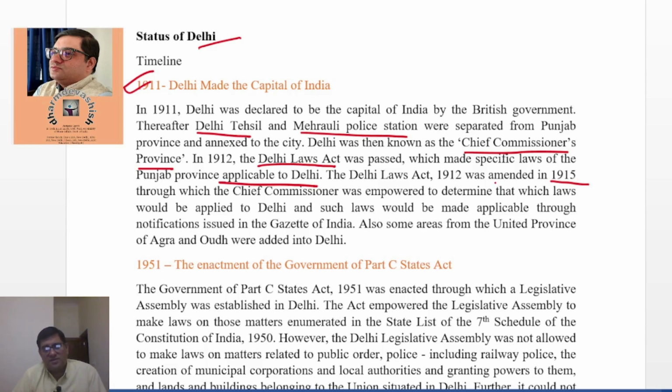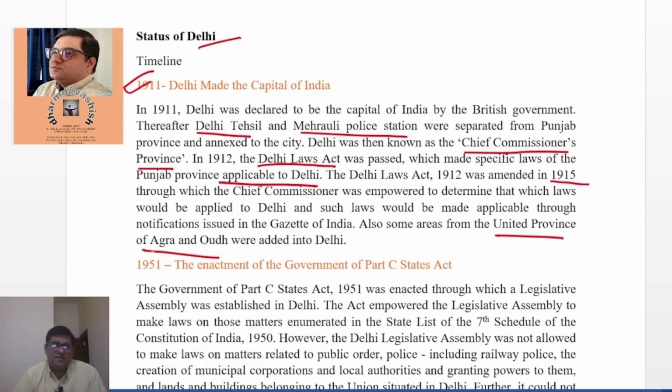Apart from this, the 1915 amendment of the Delhi Laws Act increased the territorial area of the Chief Commissioner's province of Delhi, and certain areas from the erstwhile United Province of Agra and Awadh were added into Delhi.